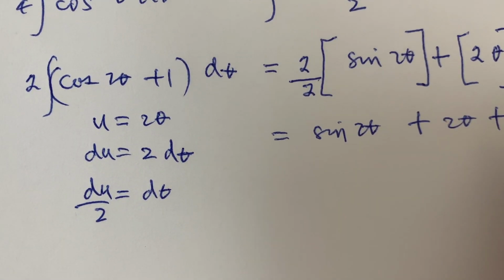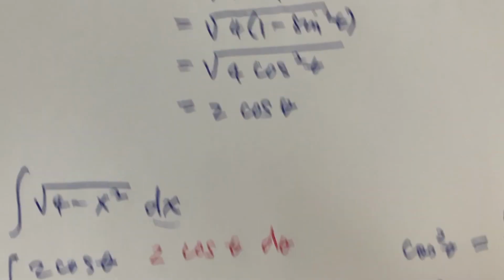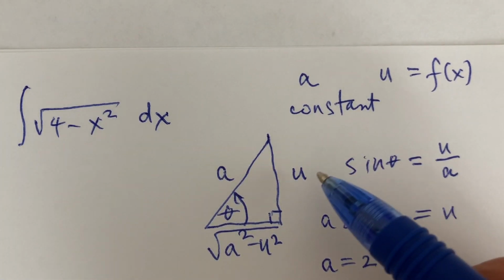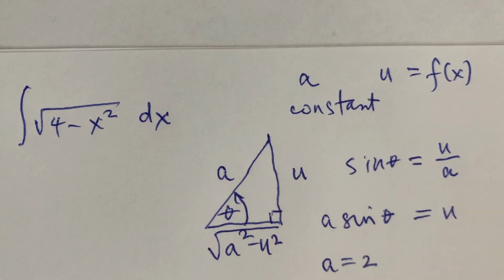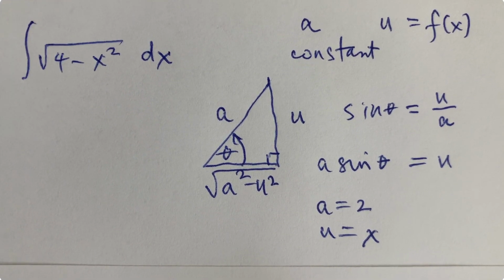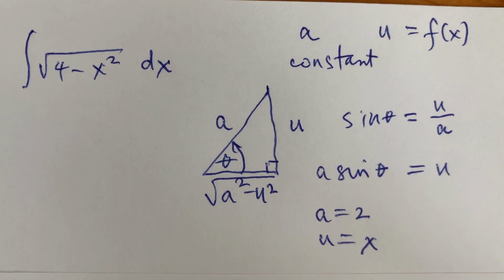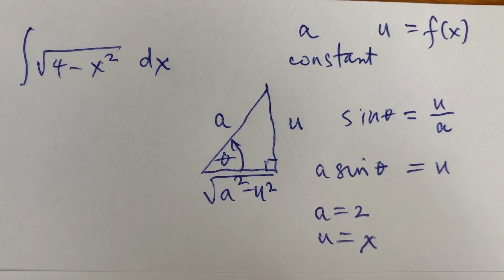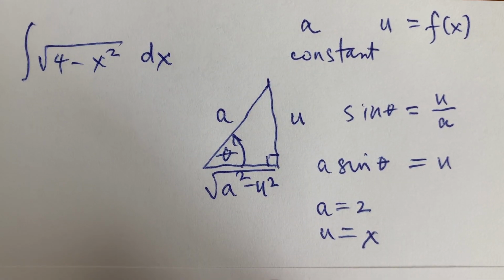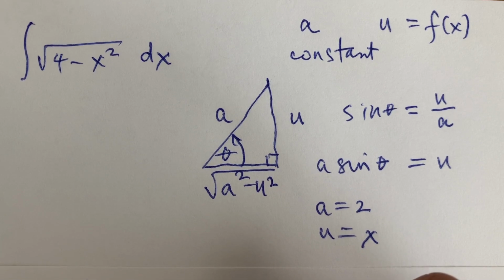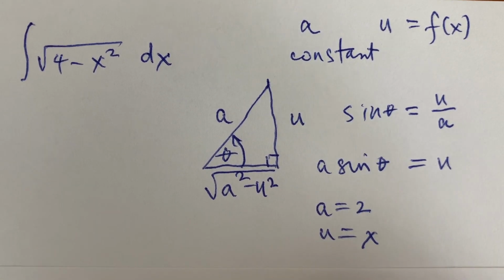But we recall that our problem is in terms of x. So what we will do now is replace everything in terms of x using precisely the same triangle here. So let me draw my triangle over here. That's how we began this problem. We are going to draw now our triangle so that we can rewrite our answer, which was sine 2 theta plus 2 theta plus c, in terms of x.